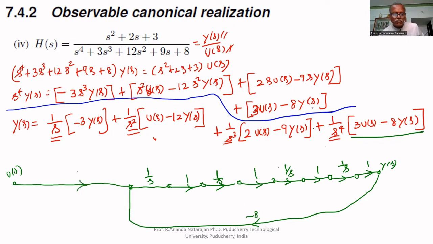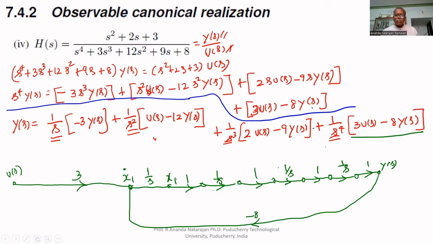Here is 3 times u of s minus 8 times y of s. That is equal to x1 dot. Therefore, this is x1.